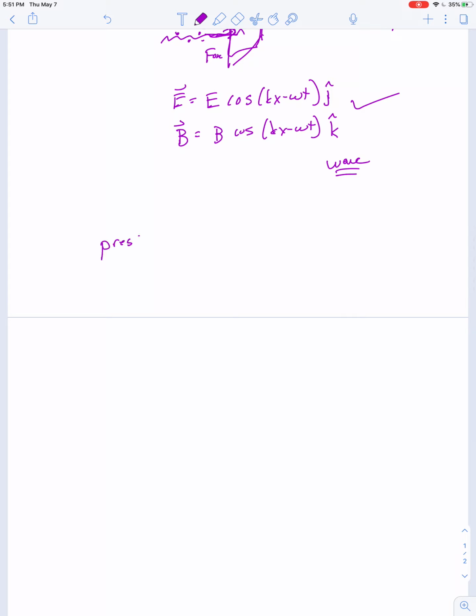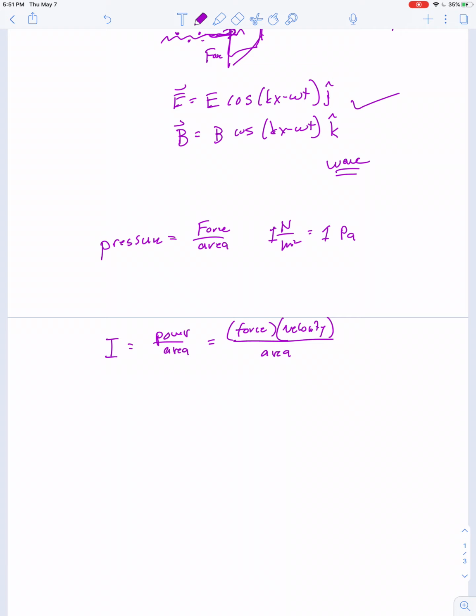Pressure is equal to force per unit area. It's measured in newtons per square meter, and we call 1 newton per square meter 1 pascal. Intensity is equal to power divided by area, but power is force multiplied by velocity. So intensity is force times velocity over area.